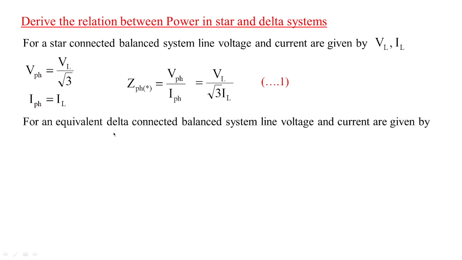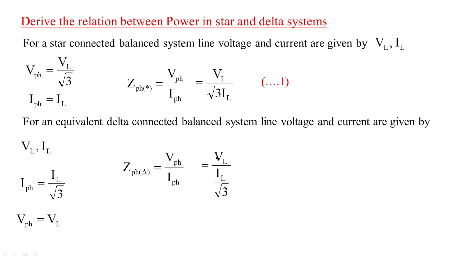Similarly, for an equivalent delta connected balanced system, if the line voltage and line current are given by VL and IL, then the phase current is given by IL by root 3 and phase voltage is equal to the line voltage. Then the impedance in delta will be equivalent to root 3 times VL by IL.